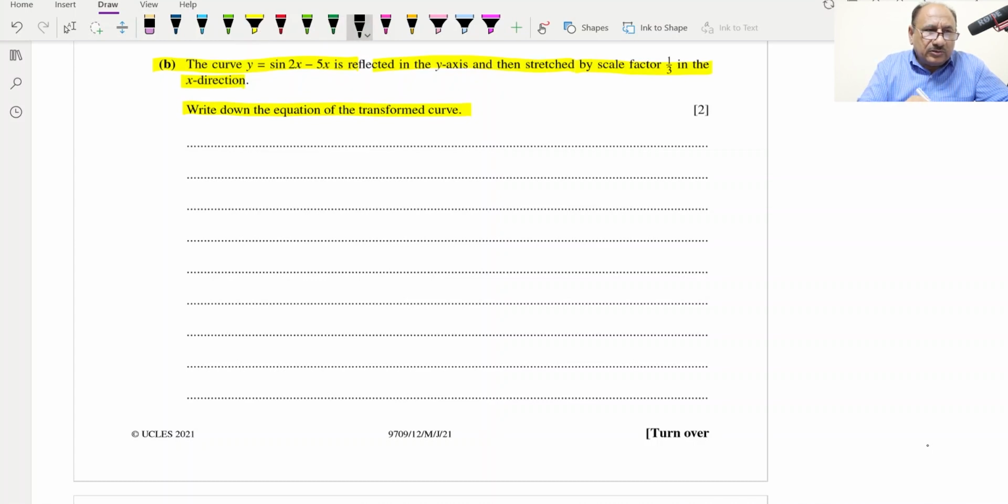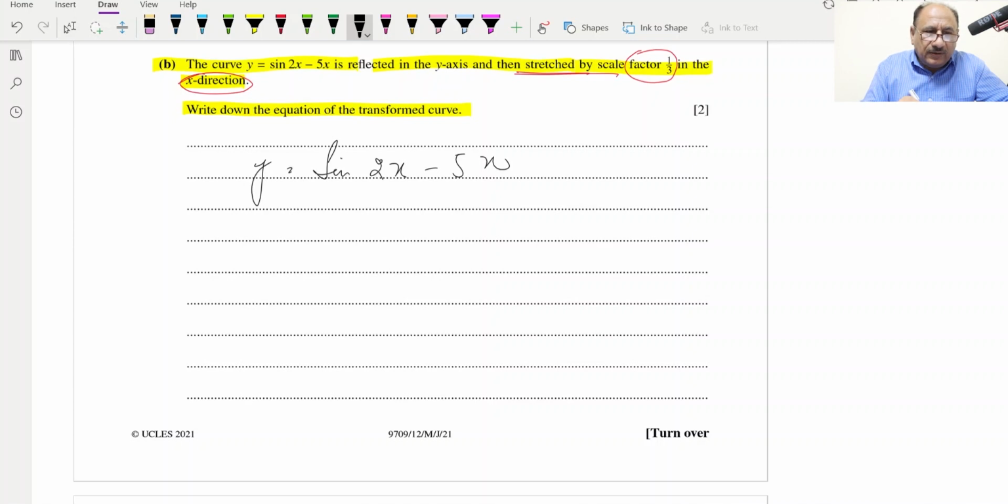For the equation of the transformed curve, the two important things are scale factor 1 by 3 and the x direction. So it is basically a stretch by scale factor 1 by 3.